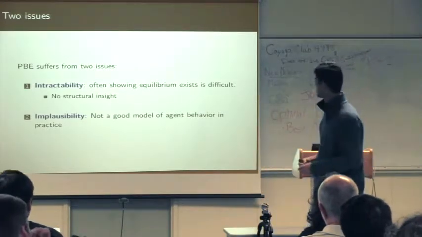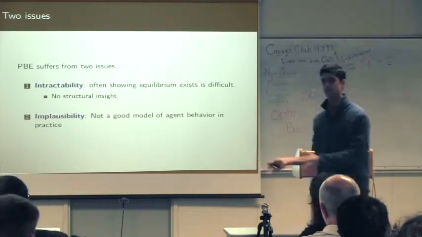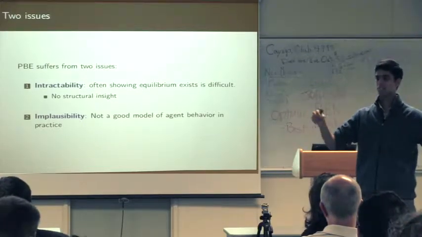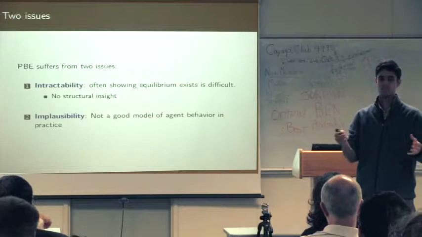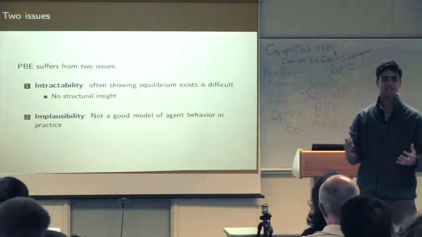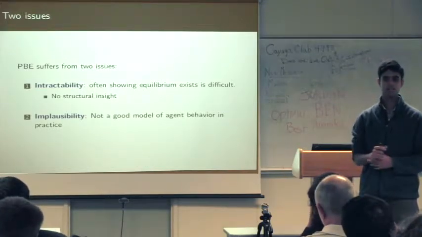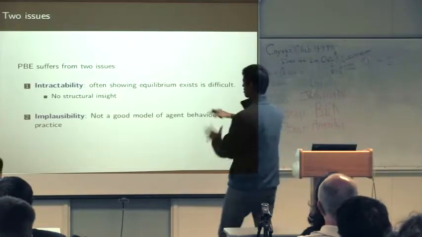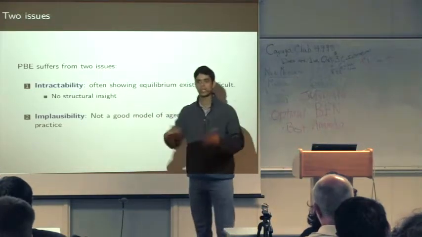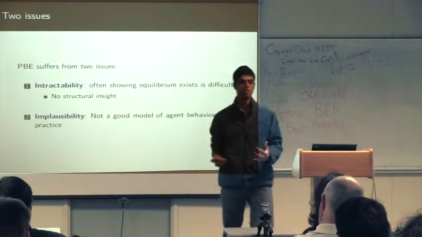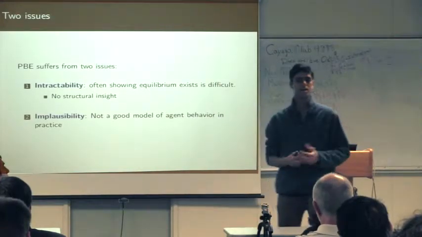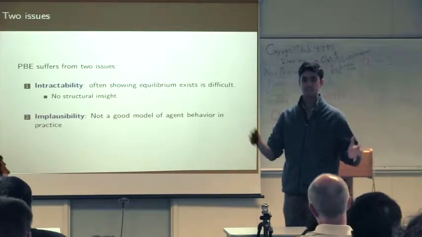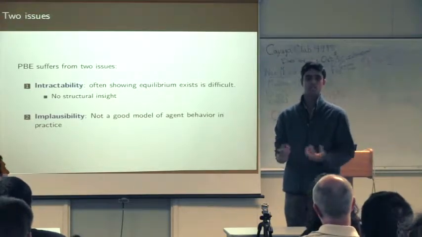In practice, if you go and look at advertisers, they don't keep track of each and every competitor that they face, but just have some estimates about the things that they are interested in, and they go ahead and bid. And the other issue is that you also don't obtain any structural insight out of these equilibria, because the strategies in these equilibria can depend on many different things, and it's hard to say how they depend on your beliefs and so on.